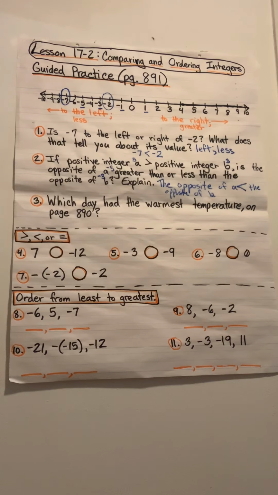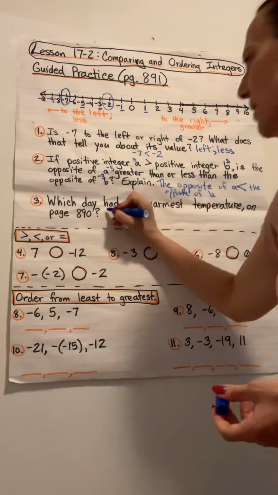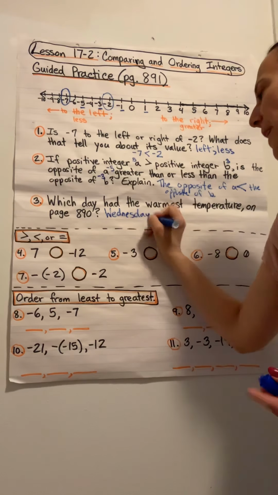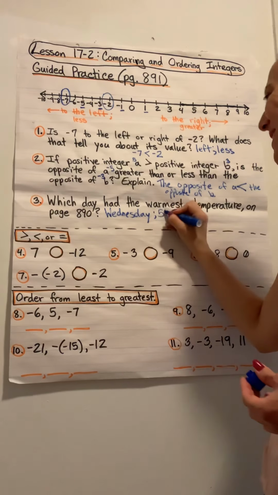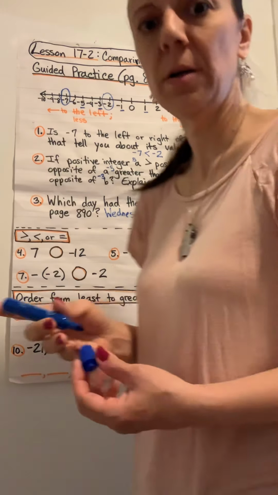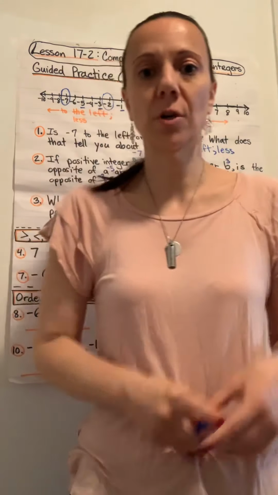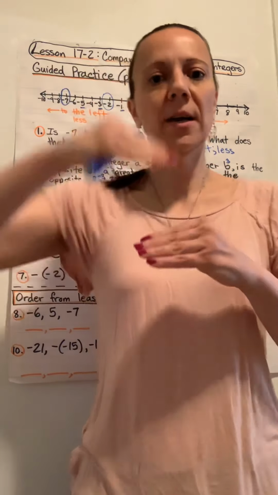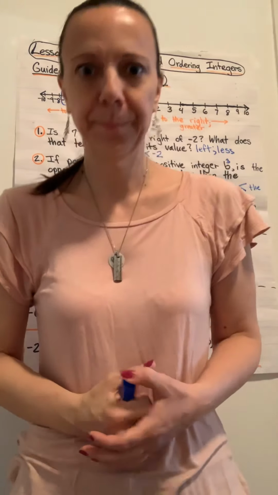And I have Thursday, which is 1 degree. So definitely the warmest temperature there is Wednesday, because that's 5 degrees. That's the biggest positive number on any of those chart choices. So the biggest positive number is going to be the warmest temperature, because temperature gets warmer as it goes up.